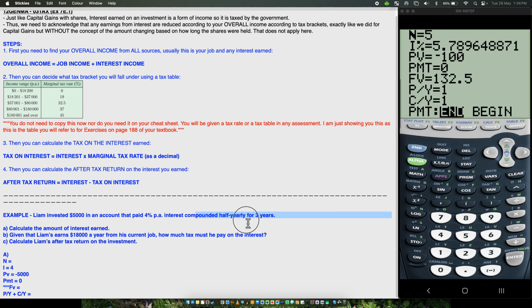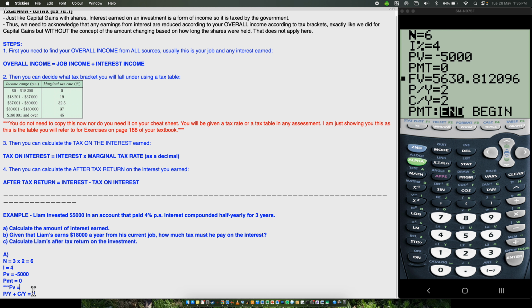Compounded half yearly. So how many times does a half year happen in a year? Twice. So Py and Cy are going to be the same. Now I can work out N, which is for 3 years, but happening twice a year. So that's going to be 6. So I'm going to put in everything that I know, negative 5,000, to alpha solve.